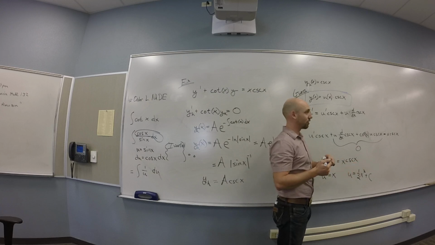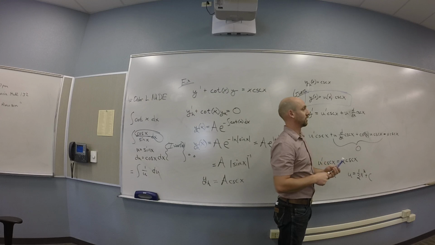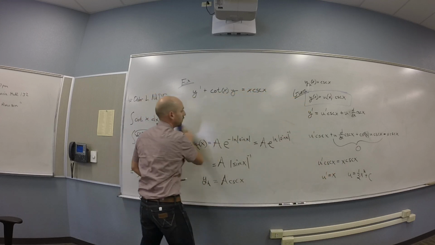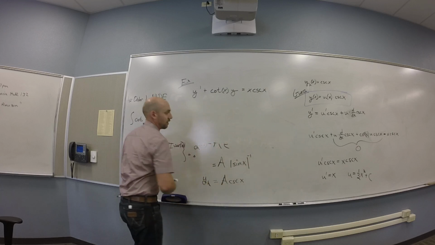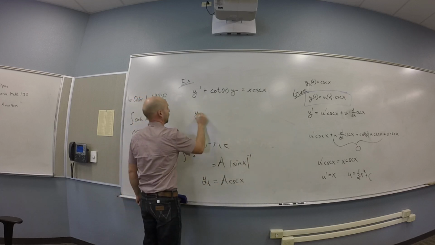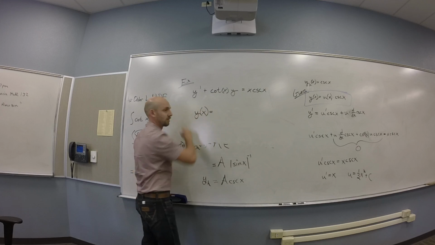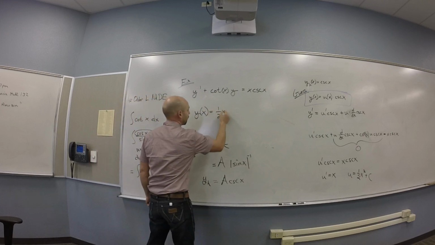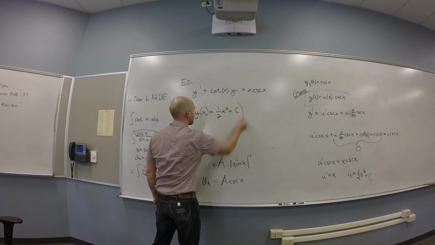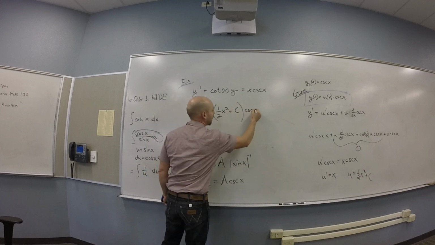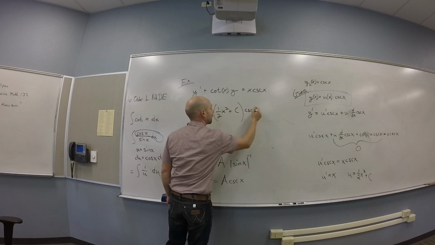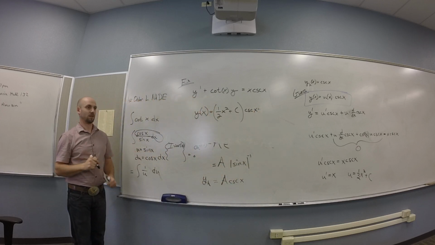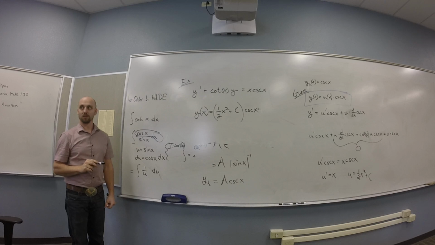And so my answer to this problem is 1/2 x squared plus constant, all times cosecant x. Guys with me on that?